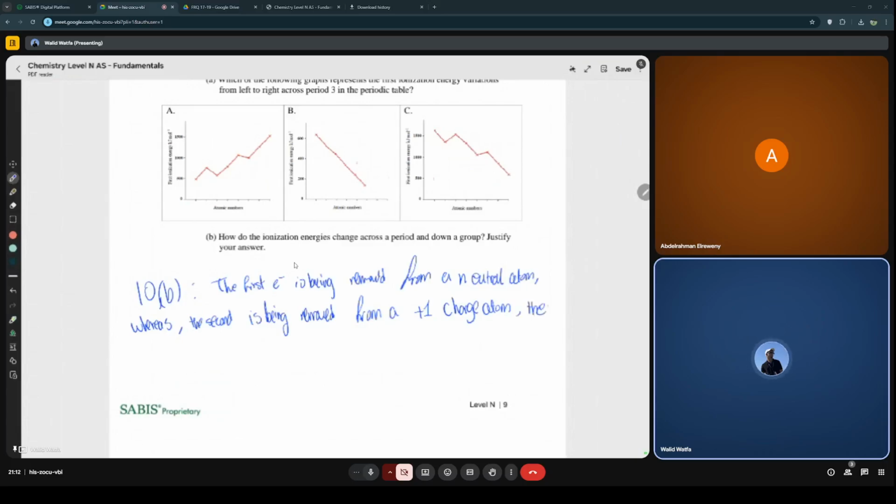In the +1, the same nuclear charge is attracting fewer valence electrons. Therefore, the attraction is stronger. You get me? Capiche? Great.